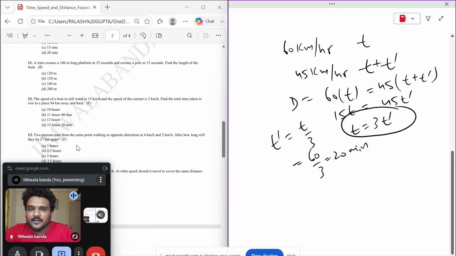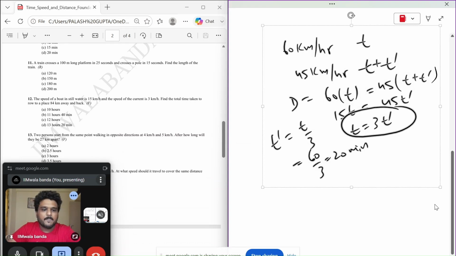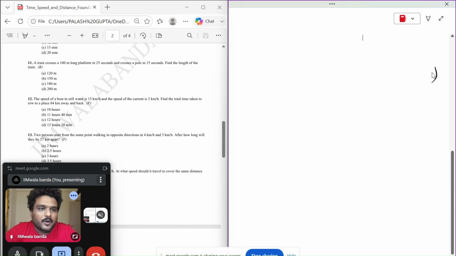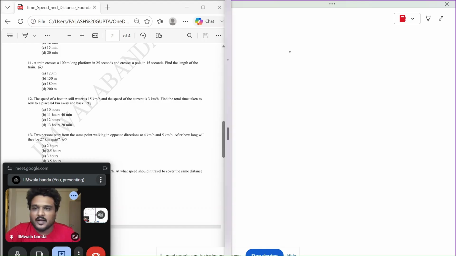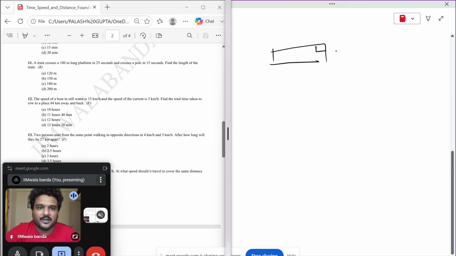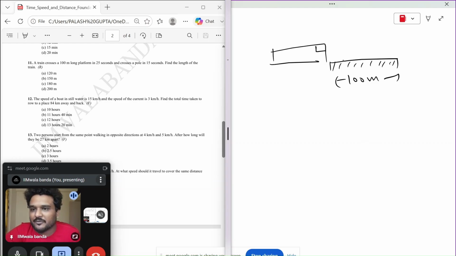Question number 11. What is question number 11 saying? A train crosses 100-meter long platform in 25 seconds. Okay. So this is also important that you picturize it so that it becomes easier for you. Let's say this is the platform, and the train, it is 100 meters, and the train crosses the platform in 25 seconds.